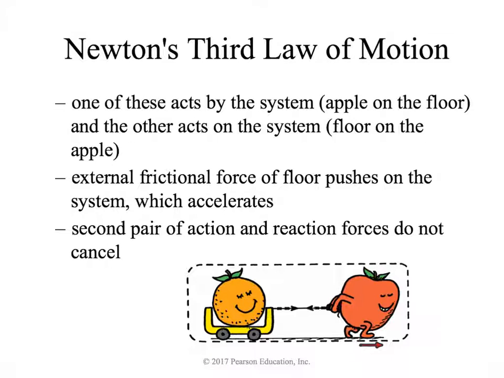Okay, so what we have here is two forces on the apple. We have this force, which is the force that the orange is pulling back with, and then we have the force of the apple pushing off against the ground. And that's really the reaction to the friction. The friction is pushing against the apple.